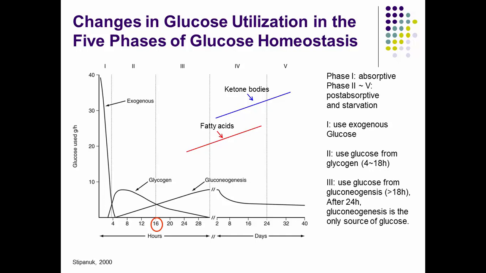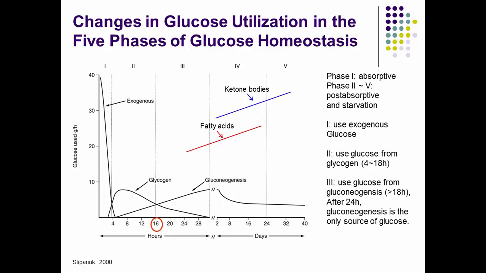So we already talked about the 5 different phases, and in each phase, what kind of metabolic fuels our body utilizes. And I also mentioned a couple of time points that you probably want to remember.